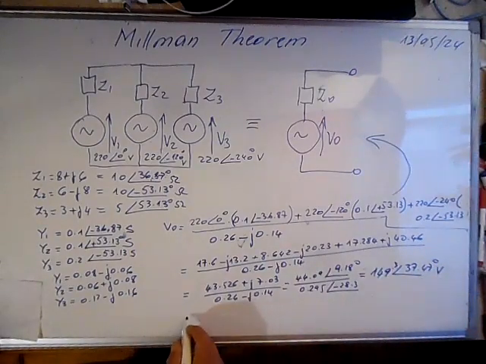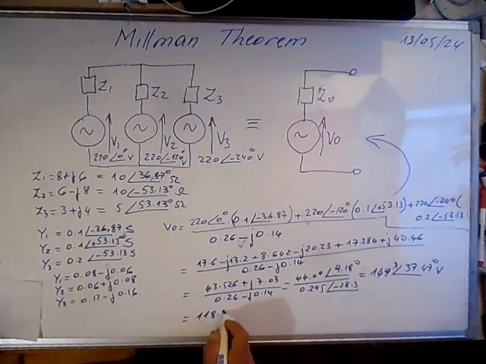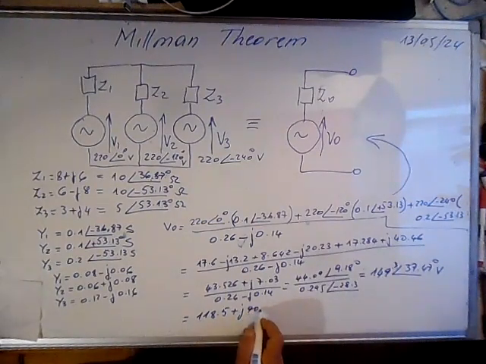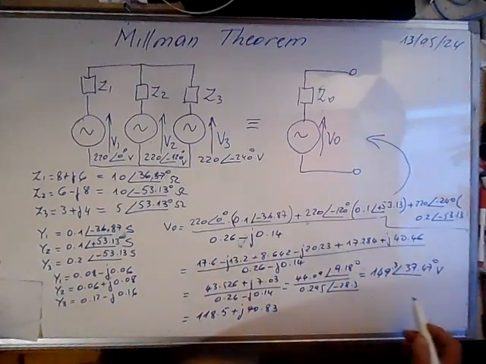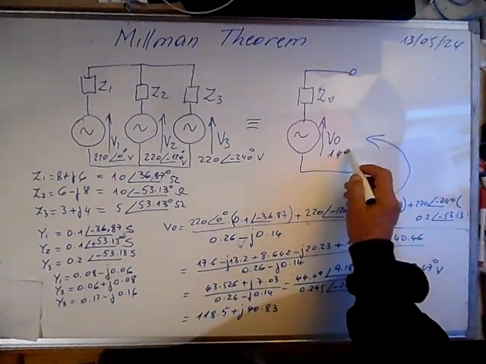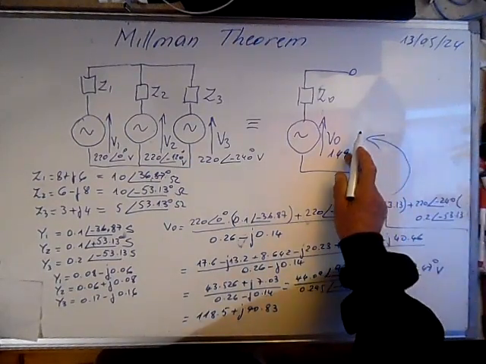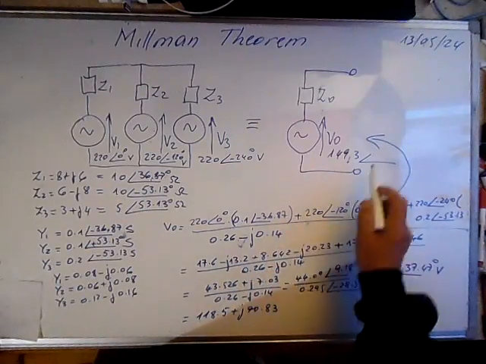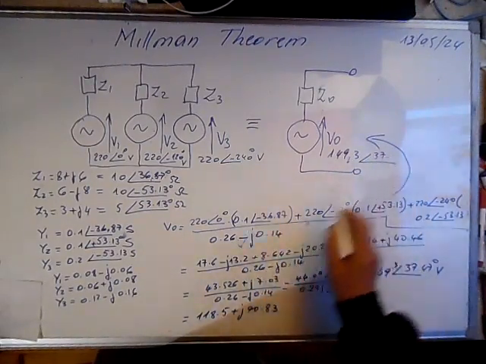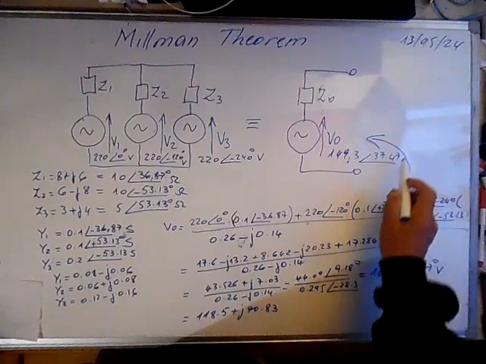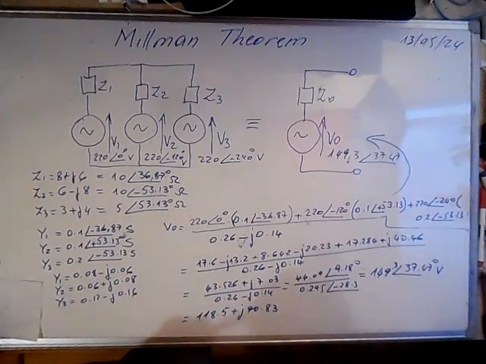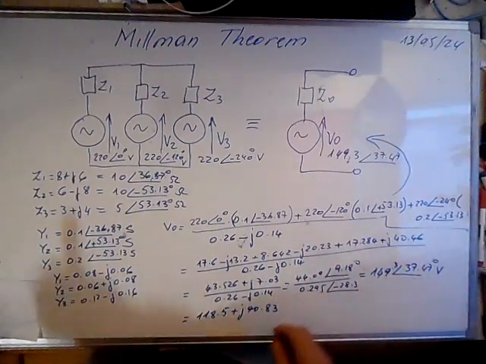In algebraic form, it's 118.5 plus j90.83. So V0 is equal to 149.3 at 37.47 degrees. And now we're going to calculate the currents using this voltage V0 that we just calculated.